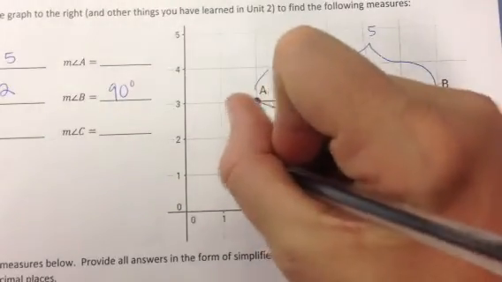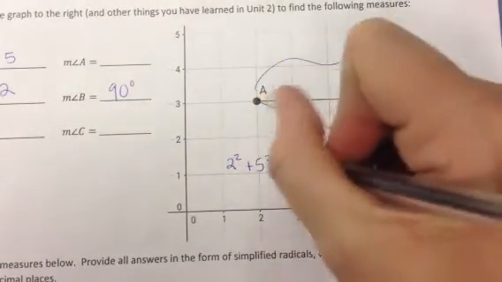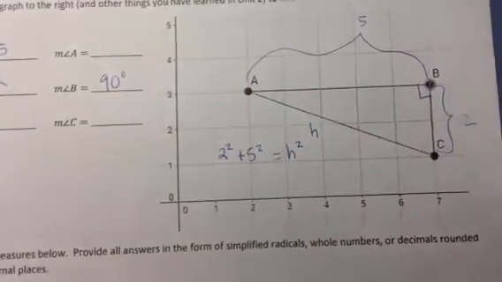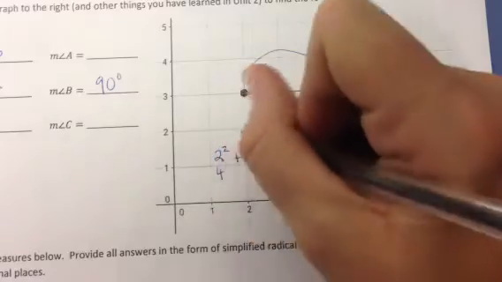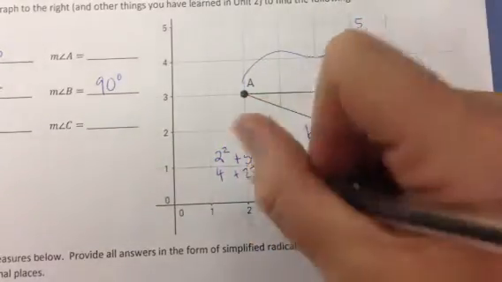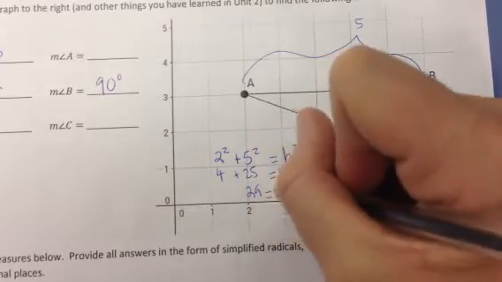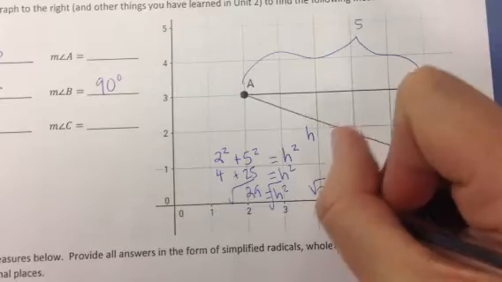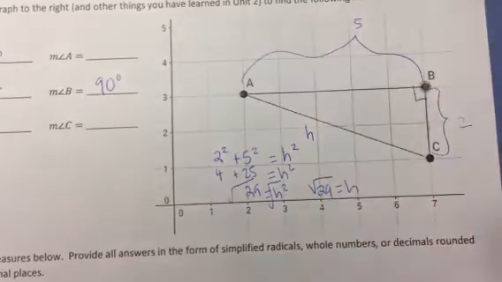So 2 squared plus 5 squared equals h squared. 2 squared is 4, 5 squared is 25. When we add those up, we get 29 equals h squared. Take the square root of both sides. The square root of 29 equals h.